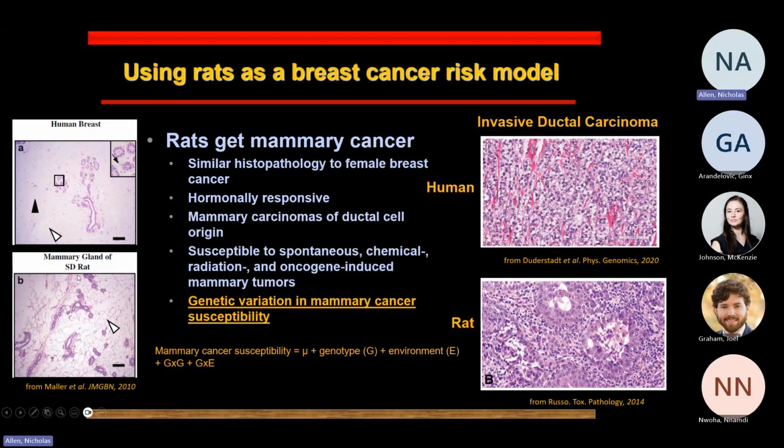So obviously, since rats have mammary glands, they do get cancer, and they're a good model for human or female breast cancer because they have a similar histopathology, right? And even in the normal tissue, there are some differences. Human breast tissue is more fibrous, and the adipocytes look a little different.